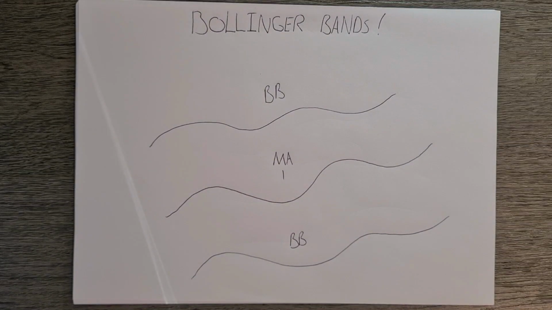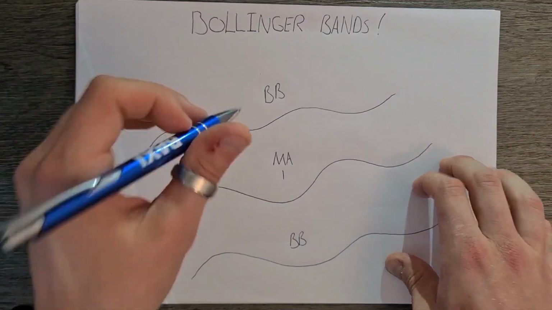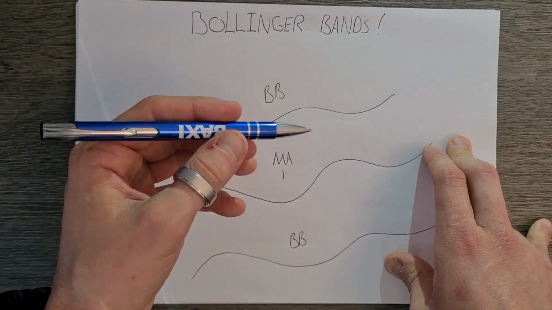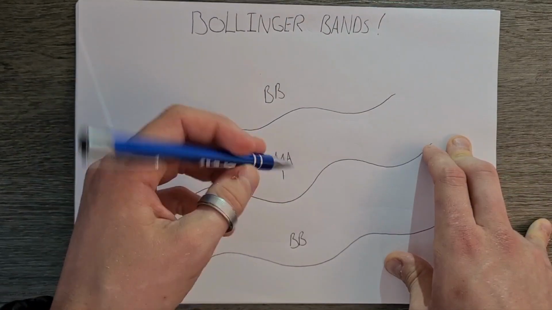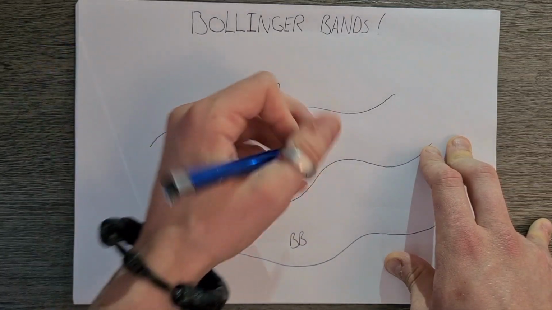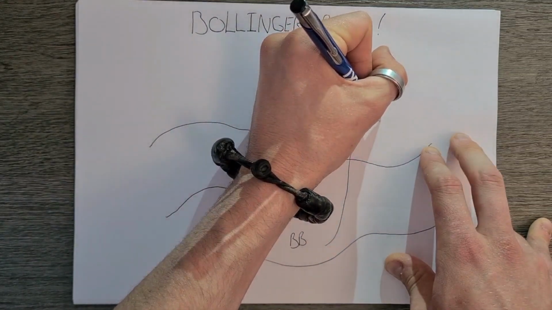Now, being 2 standard deviations away from the moving average line means that 95% of trading data will fall between these 2 bands. So the price moves in between these lines. If the price was to reach the upper band, then we could say that it may be overbought and there could be a possibility of a sell.